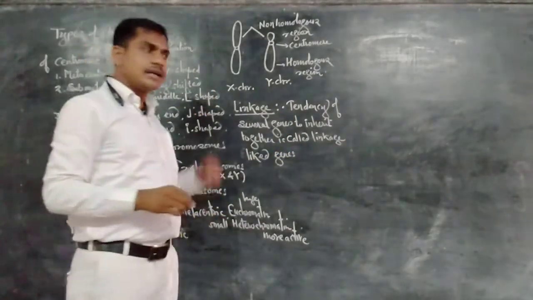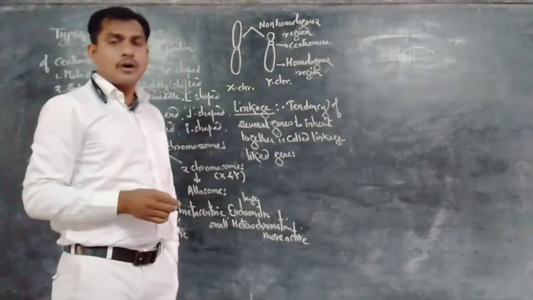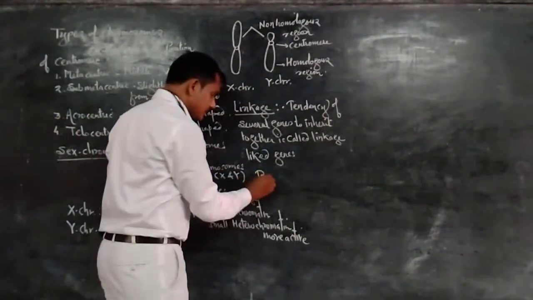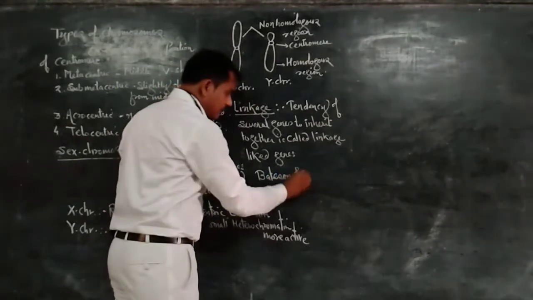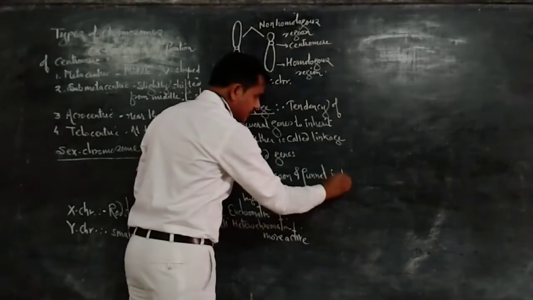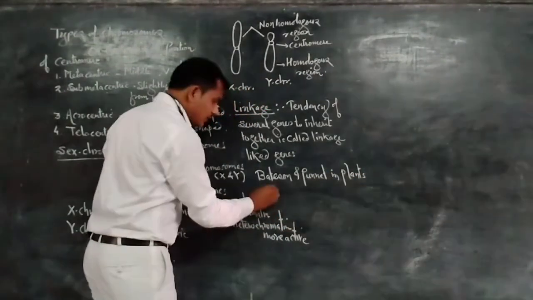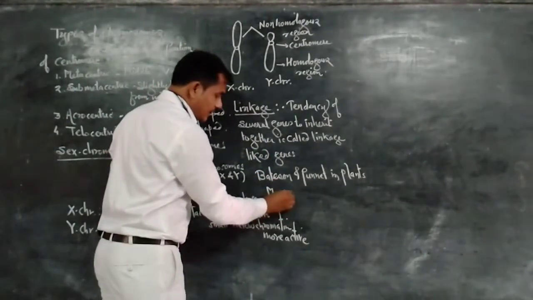Linkage was first observed by the scientists Bateson and Punnett in plants, while Morgan observed this linkage phenomenon in animals.